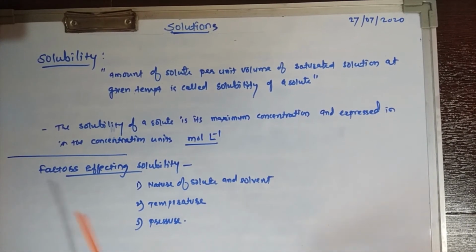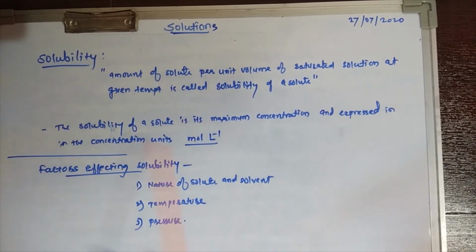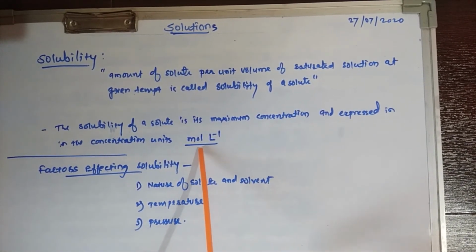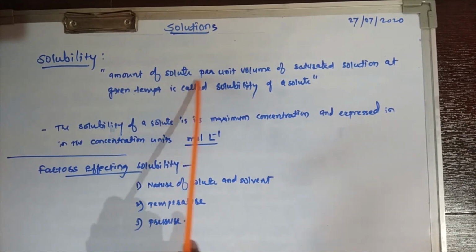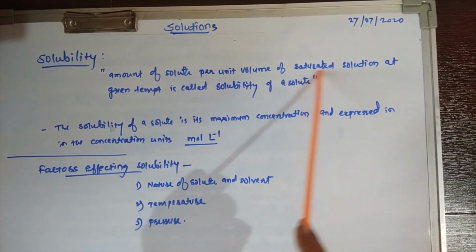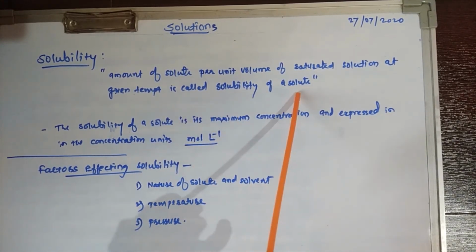Now the next point, solubility. Solubility is expressed in moles per liter. How is solubility defined? The amount of the solute per unit volume of the saturated solution at a given temperature is called the solubility of a solute.